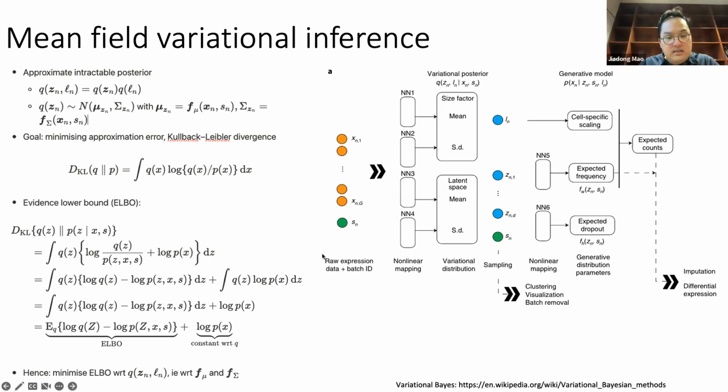By doing some derivations, we can show that minimizing the approximation error measured by KL divergence is equivalent to optimizing this term called ELBO. So it's essentially a lower bound.